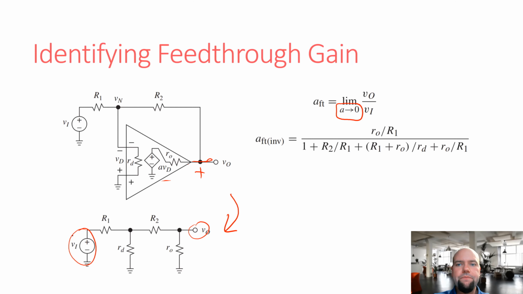So let's find the equation for this node here. This node here, using voltage divider, would be V in times R1 divided by R1 plus, sorry.